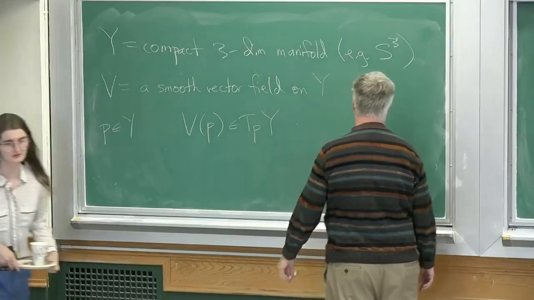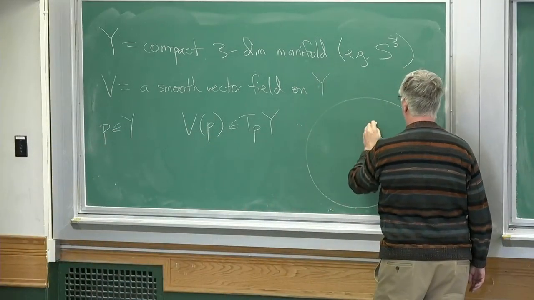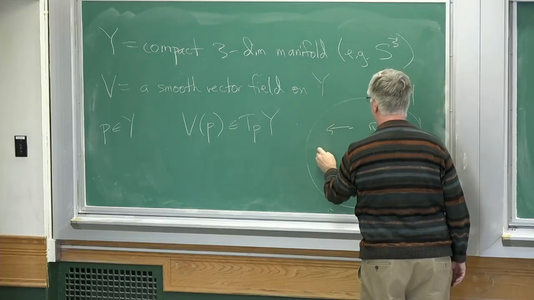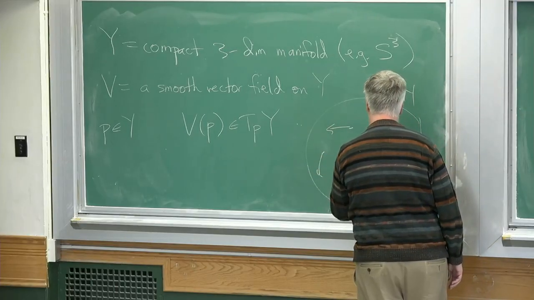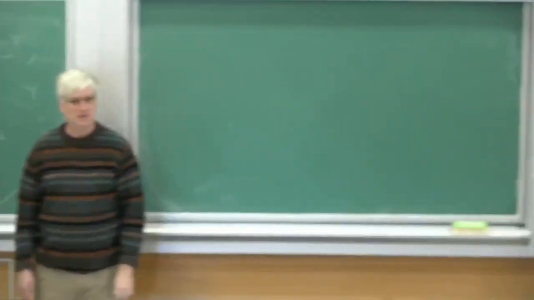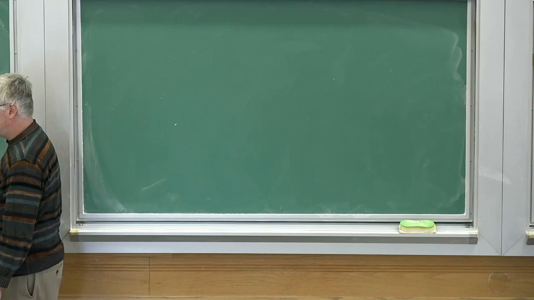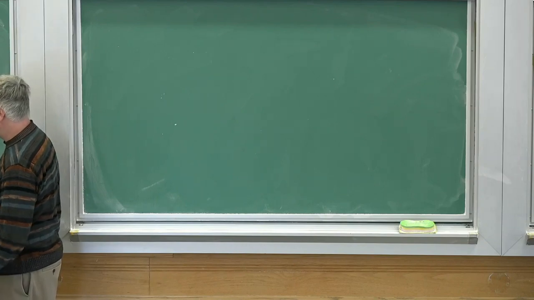So at every point there is a vector, and we're interested in dynamics. One of the simplest things you can do is look at trajectories of the vector field.